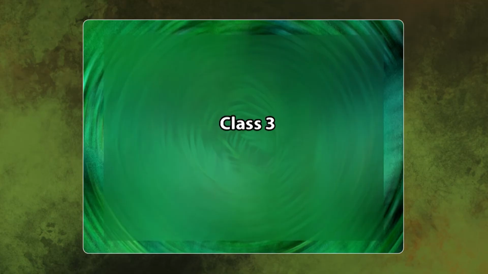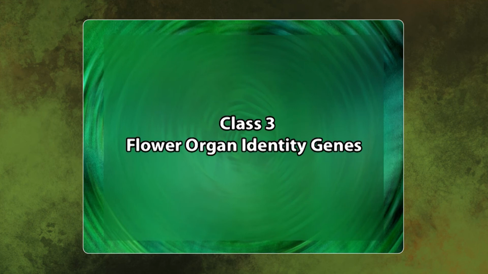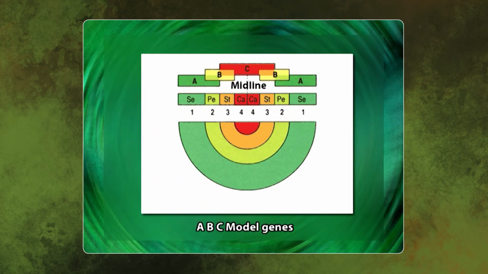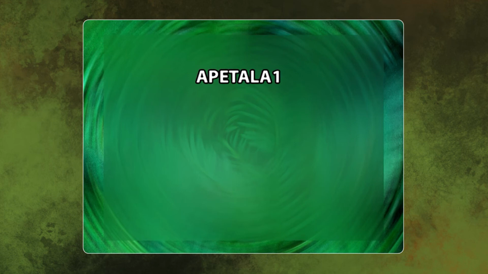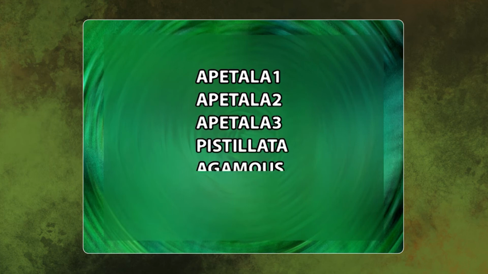A third class of genes includes the flower organ identity genes, which determine the fate of organ primordia and are incorporated into the ABC model of floral development. Examples of organ identity genes include APETALA1, which is involved in both meristem and organ identity, APETALA2, APETALA3, PISTILLATA and AGAMOUS.